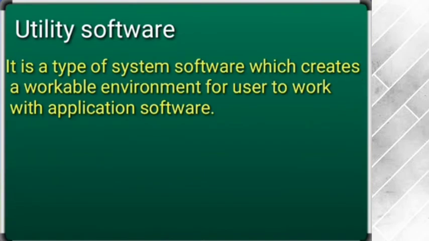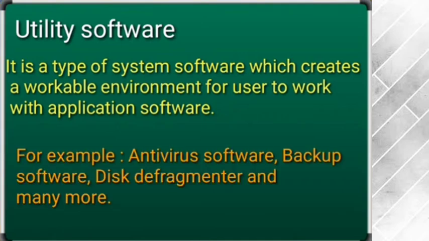Now moving next, there is utility software. You can see the definition is written over here: it is a kind of system software which creates a workable environment for the user to work with application software, which means that utility software is designed to handle the housekeeping functions of the computer. It means it is capable of maintaining the computer.